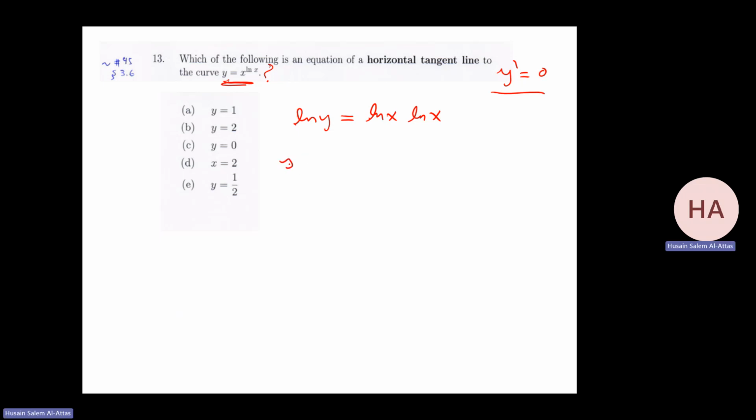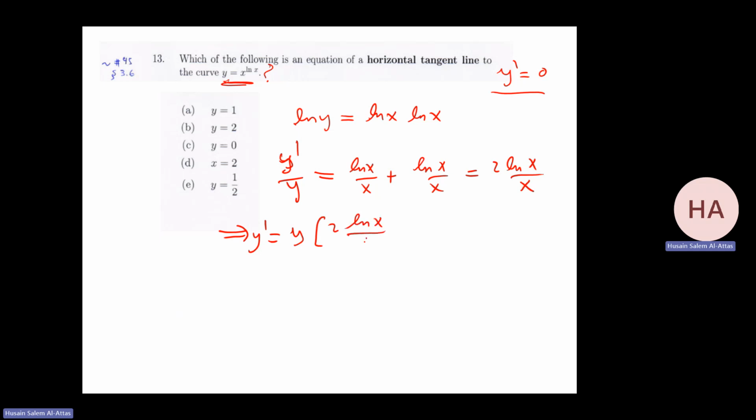So y prime over y equals the derivative of two functions: ln x over x plus ln x over x, which is 2 ln x over x. So y prime will be y times 2 ln x over x.